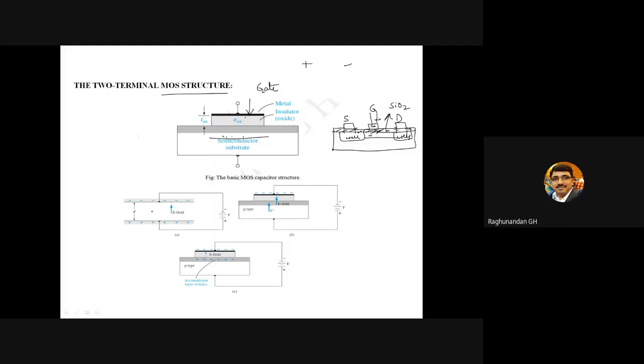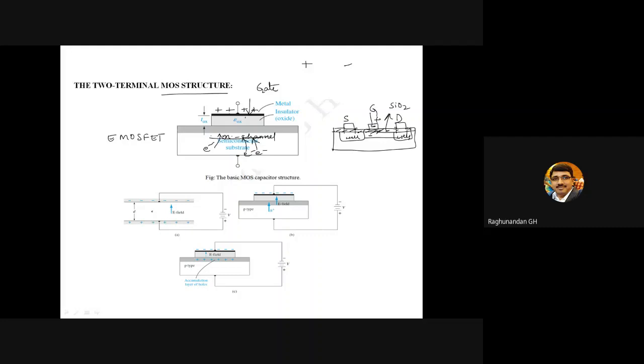Let us say this is an N channel. To increase the conductivity, what we do is apply positive potential. Then all the electrons will get attracted towards this. Suppose it is an E-MOSFET. In E-MOSFET, we don't have a permanent channel.